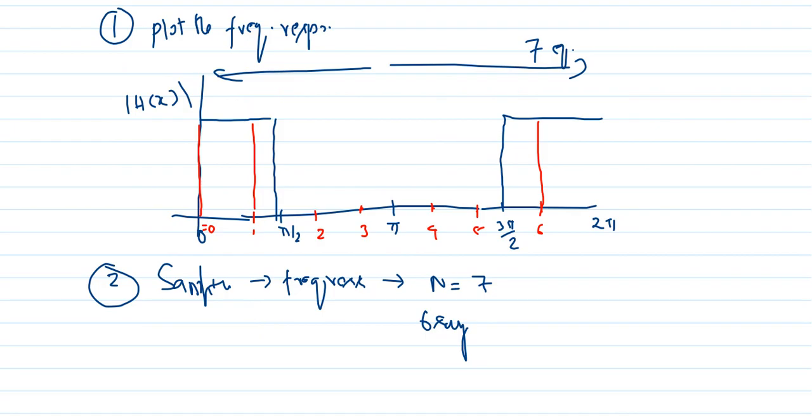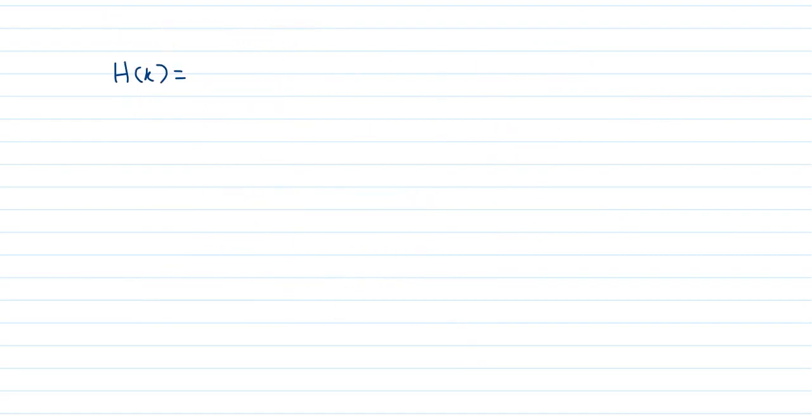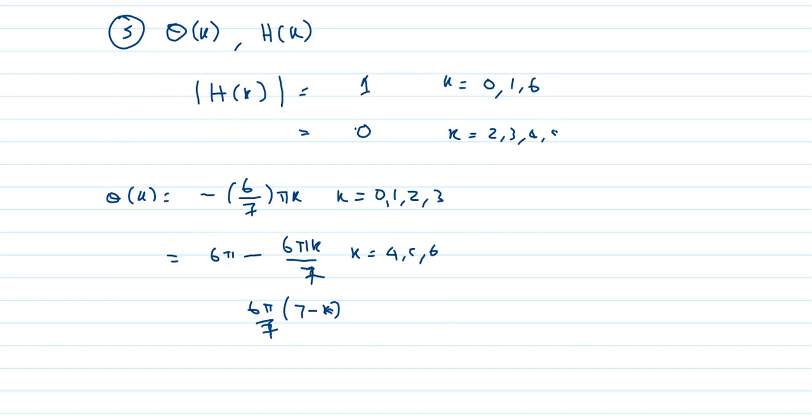So the third sample will be equal to 4, the second sample equal to 5, the first sample equal to 6, and so on. What we do is that we take only 0 to 3. If you consider k equal to 0, 1, which has a magnitude 1 and an angle theta, this is my theta, this is my magnitude.